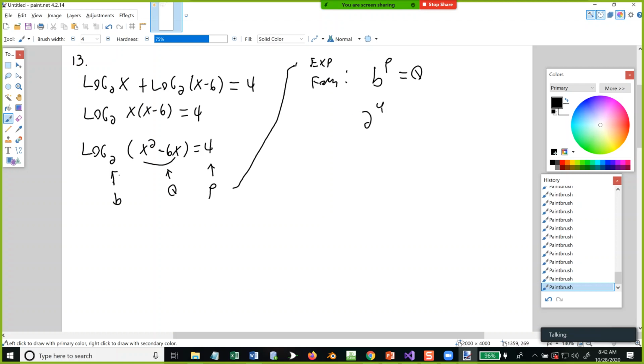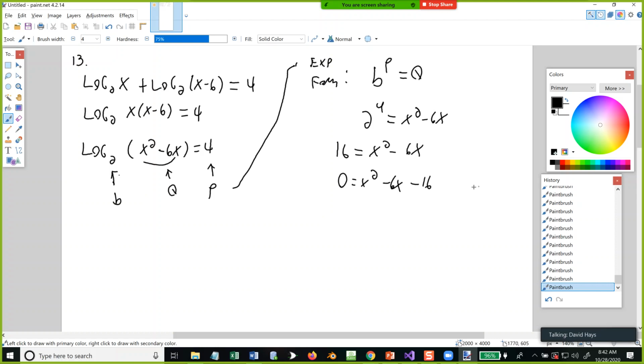So I got 2 to the 4th is equal to x squared minus 6x. And then I want to solve this. Well, 2 to the 4th is 16. Take 16 to the right side, and I got x squared minus 6x minus 16.